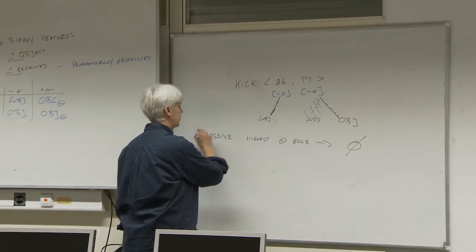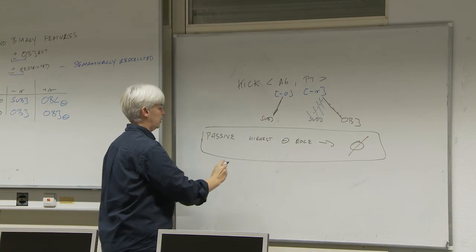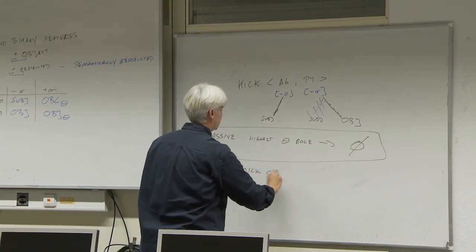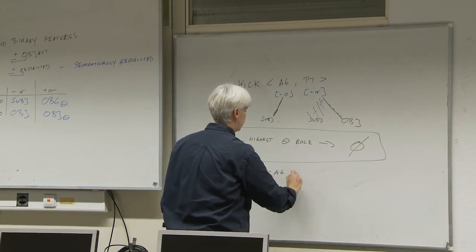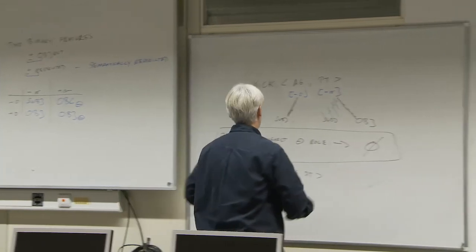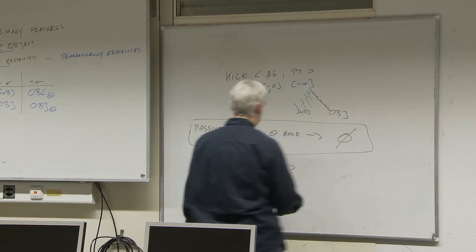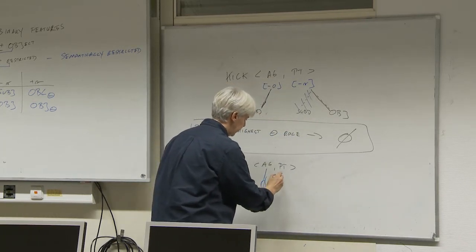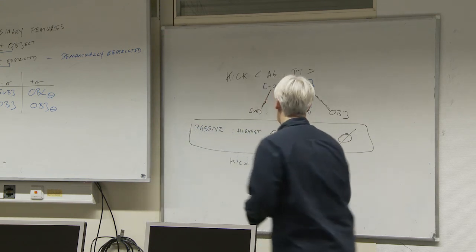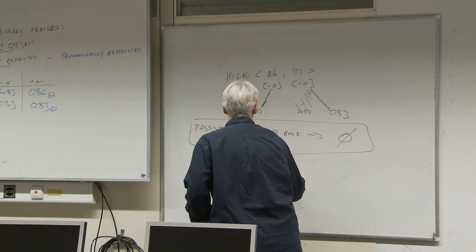So if we want to form the passive of kick, what do we do? We say kick. We have agent, patient. This one gets 0. It's gone for linking purposes right now. And this one is still -r. Now we could call this -o as well, it doesn't matter.